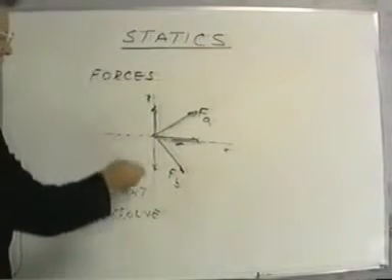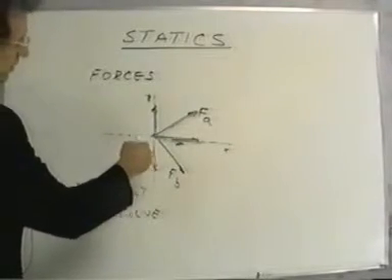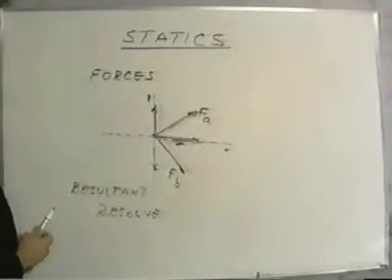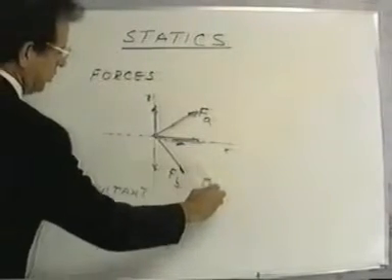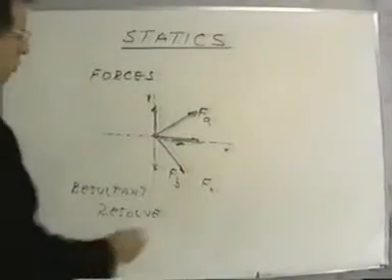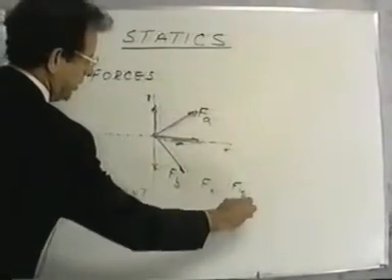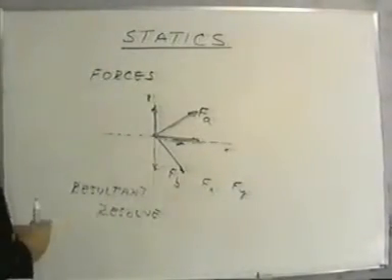And since they are collinear and these are at right angles, it's easier to just solve the problem that way. So we would find a resultant in the x direction, we would find a resultant in the y direction, and then put them back together again.